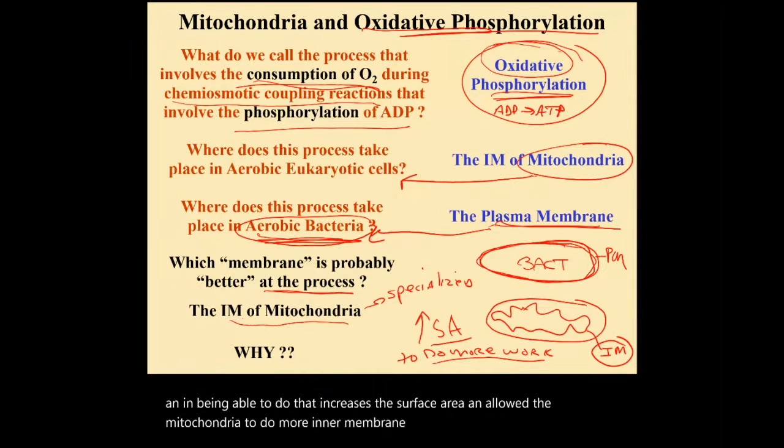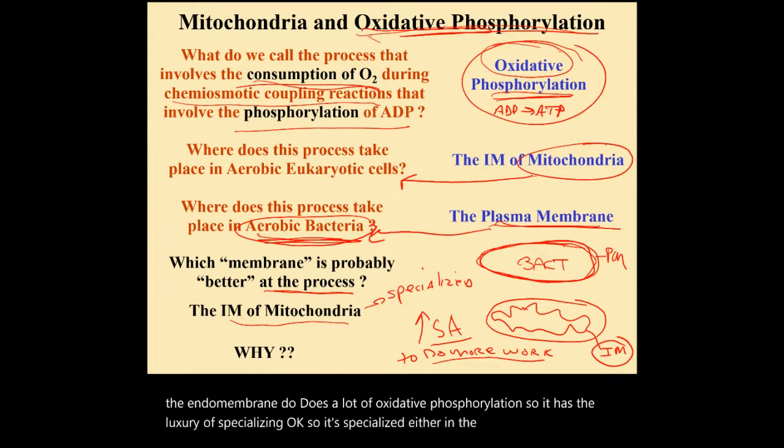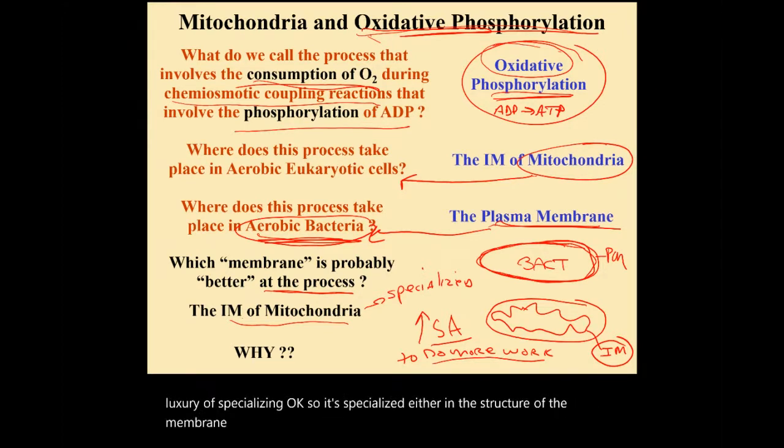What kind of work does the inner membrane do? It does a lot of oxidative phosphorylation. So it has the luxury of specializing. Okay? So it's specialized in the structure of the membrane itself to get more surface area in a limited space. That's a smart thing to do.